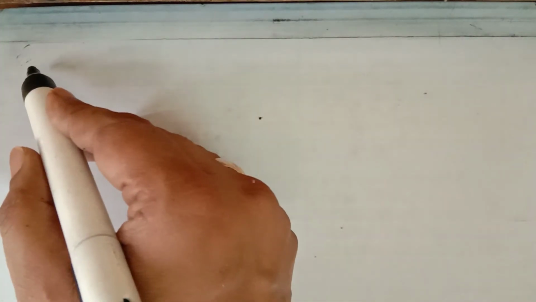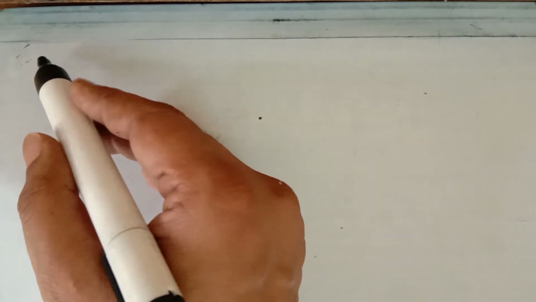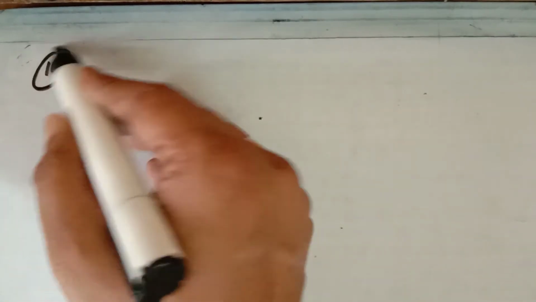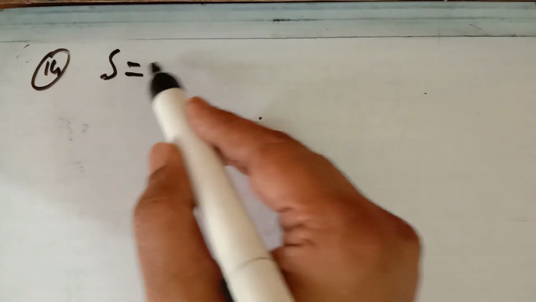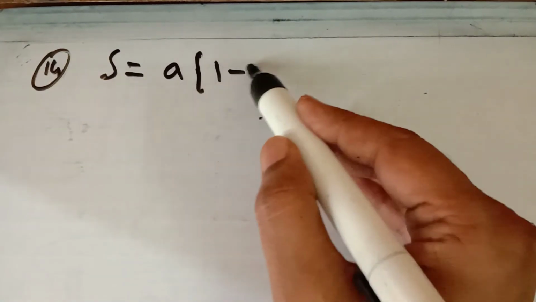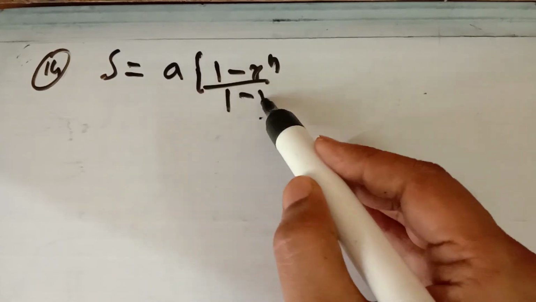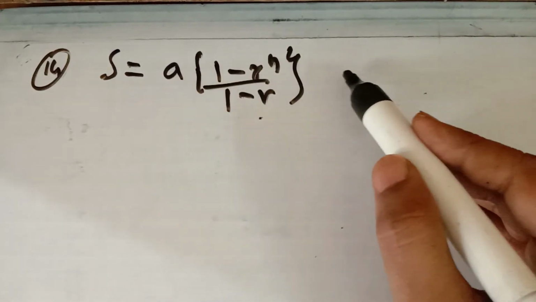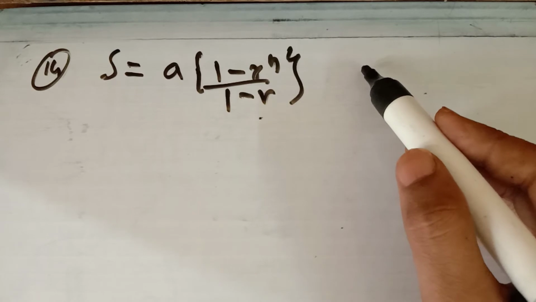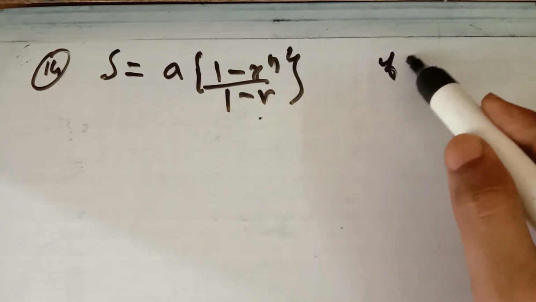So in question number 14, it is given the sum of n terms of a GP, where S is equal to a (1 minus r to the power n) upon (1 minus r), if r is less than 1.